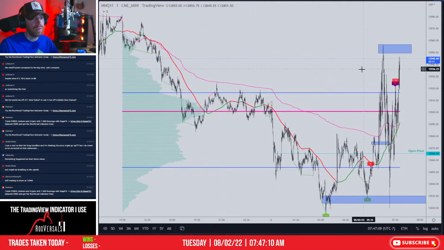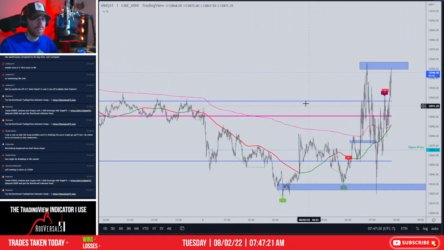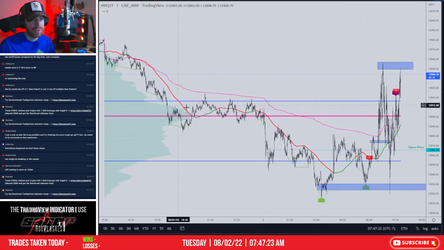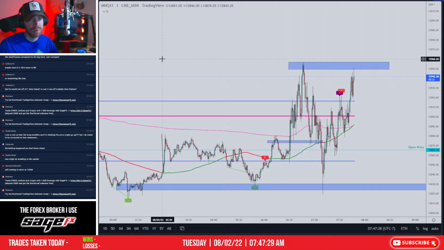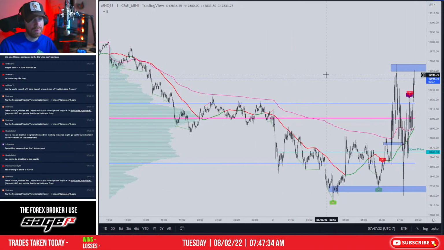There hasn't been much volume traded over here. It wouldn't be unheard of that prices sucked back down here to where all the volume was, right? And as we keep going up, there's less and less volume. Which is interesting, right?